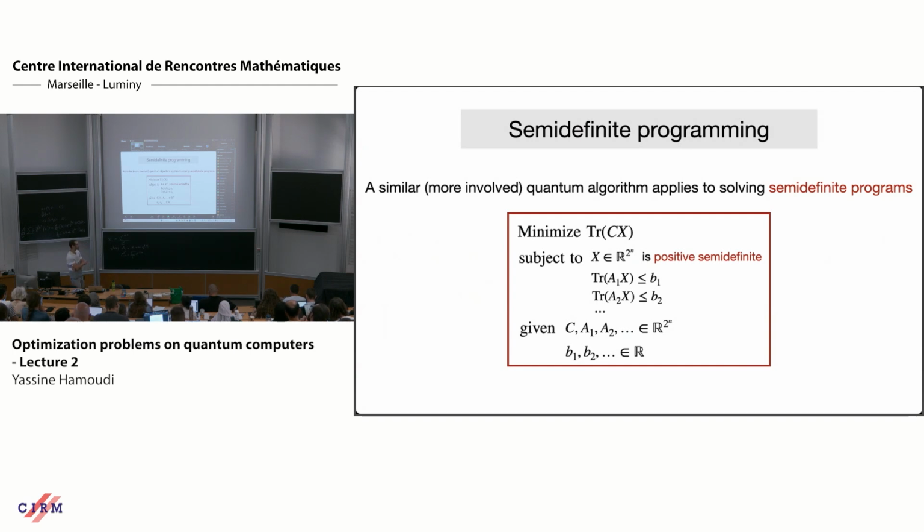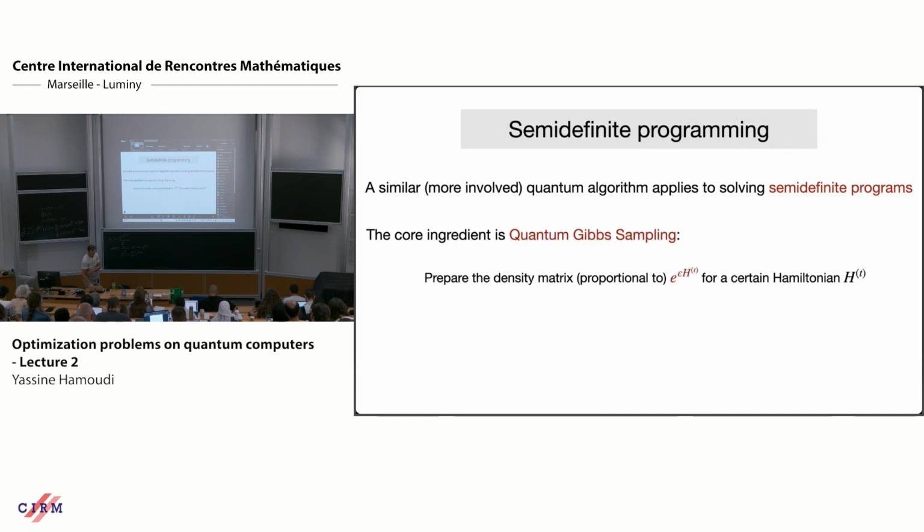Now you are optimizing a linear constraint, but the variable x is a matrix, and it has to be positive semi-definite. It's a very important class of optimization, which is also harder, but using quantum Gibbs sampling, you can now prepare ansatz which correspond to density matrices proportional to some exponential of a Hamiltonian. Then again, you can apply similar ideas, much more advanced, which also give you some speedup in some cases.